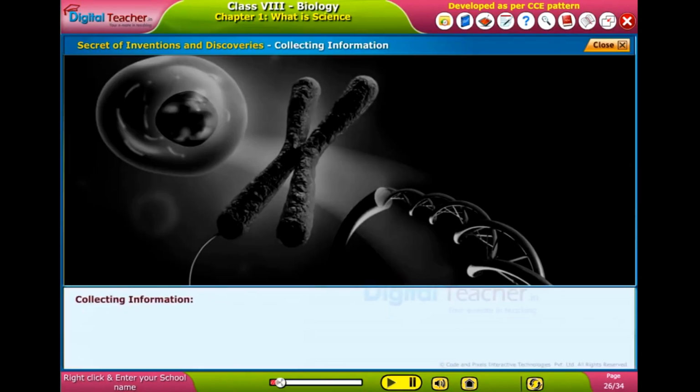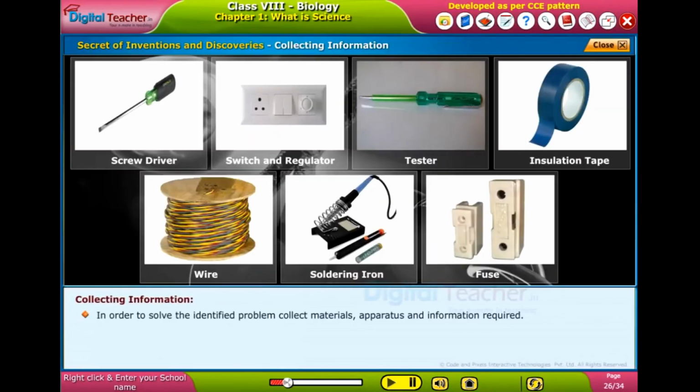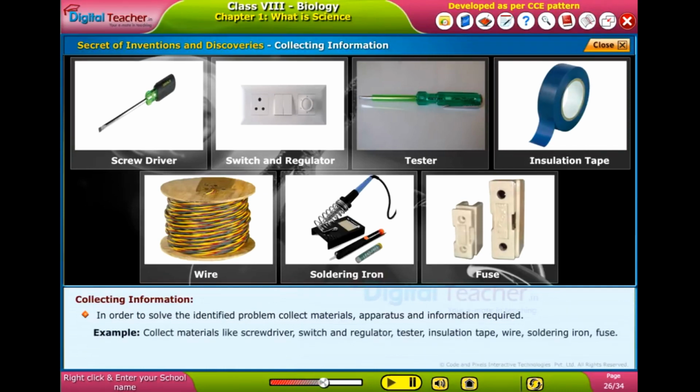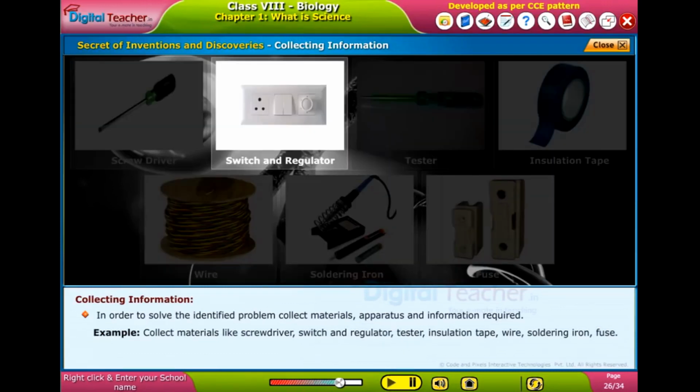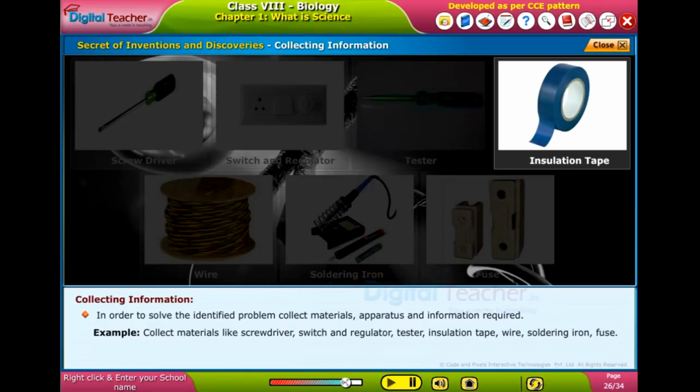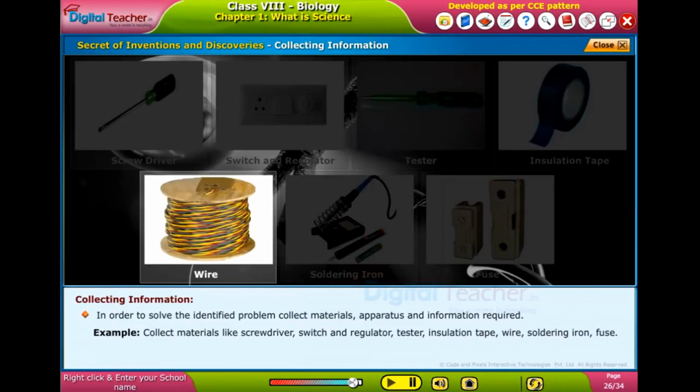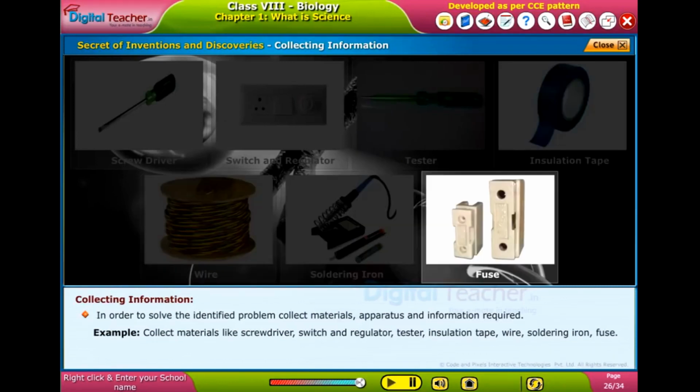Collecting information. In order to solve the identified problem, collect materials, apparatus, and information required. Example, collect materials like screwdriver, switch and regulator, tester, insulation tape, wire, soldering iron, fuse.